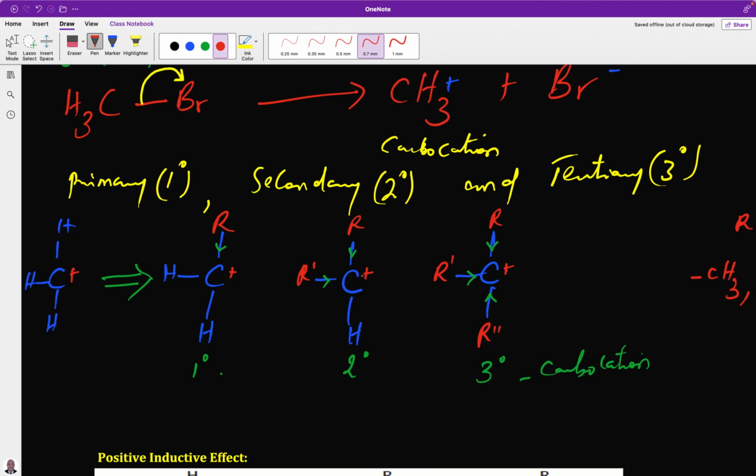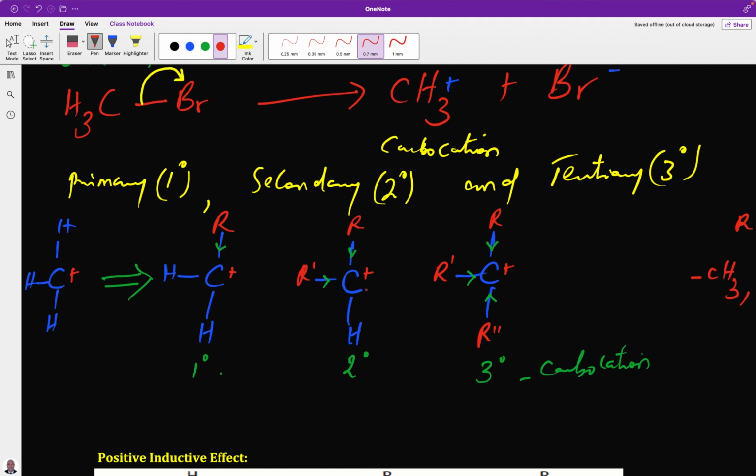So the high density of the positive charge on this carbon atom has a role to play. With this high density, the electron donating effect of this alkyl group will do something. To do what?